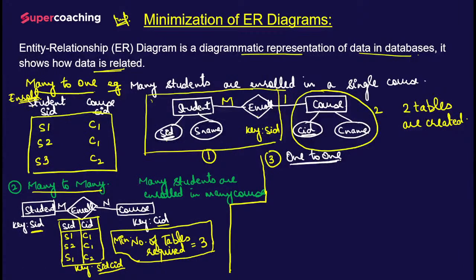In case of 1 to 1, first of all, can you give me the example? Basically, there are 2 possibilities for 1 to 1. Anyone having any idea? Guys, I'm not getting any confirmation.